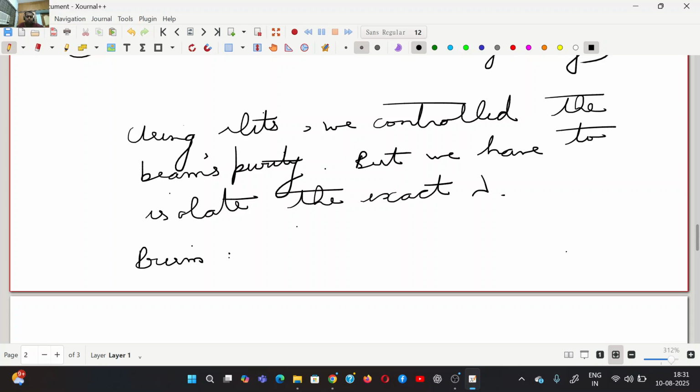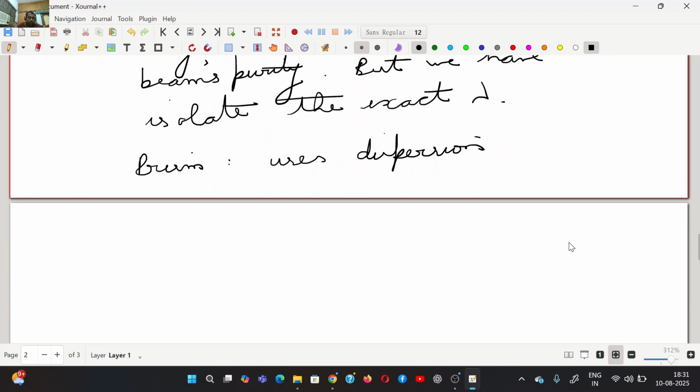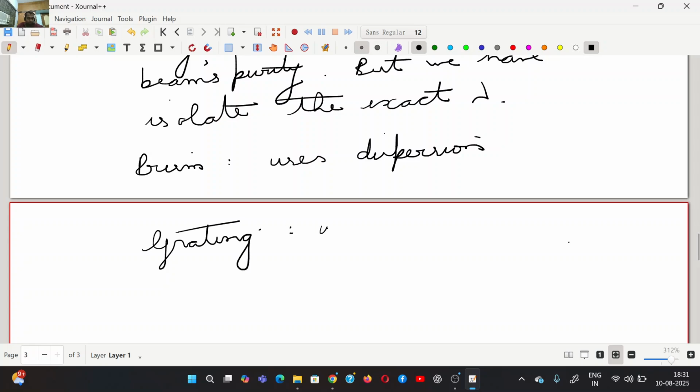What is absorption? What is dispersion? What is diffraction? Everything we covered in the previous classes. So prism uses dispersion. When it is dispersion, think of the prism example. Grating, what does it use? It uses diffraction.